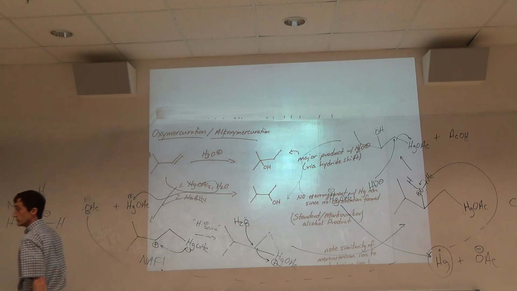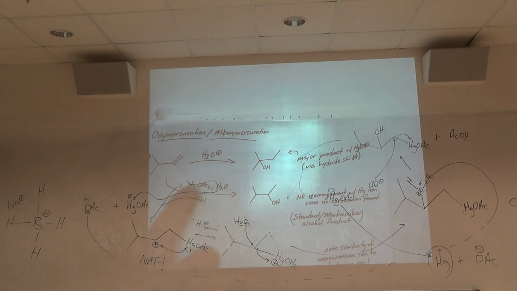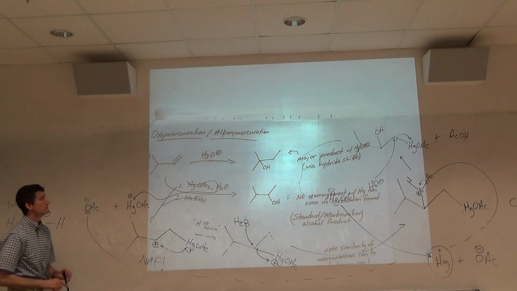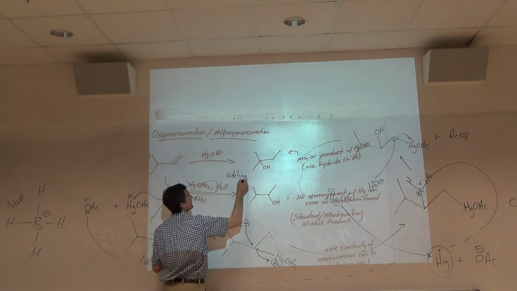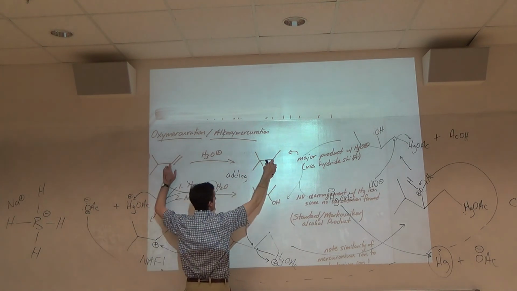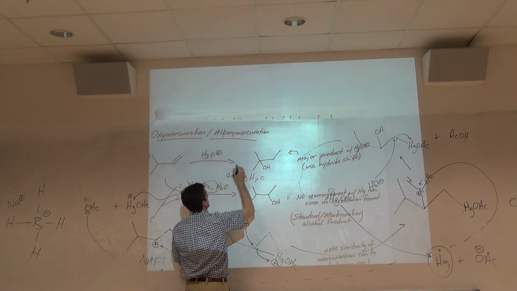The reaction below. By the way, what type of products are we making here? Alkene to alcohol. Oxymercuration gives an alcohol. Ultimately, what are we adding to the alkene when we do this process? What's the difference in formula between this and this? We're adding water, right?